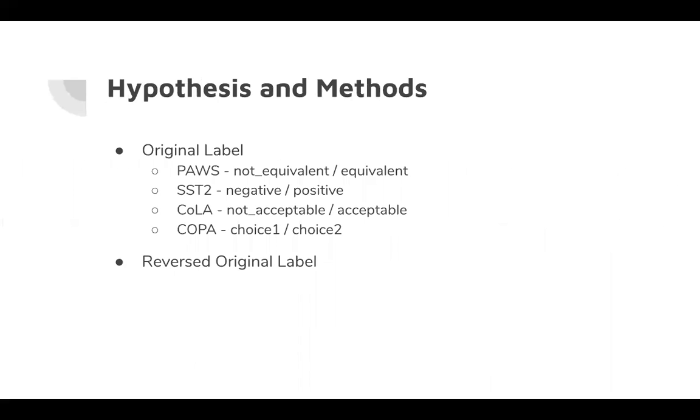Our hypothesis is that different labels perform differently for a specific task. Also, task-related labels should perform the best. One important part of our method is about generating the labels. For each dataset, we try the original label and also the reversed original label.